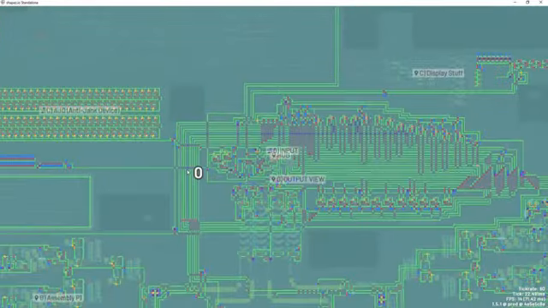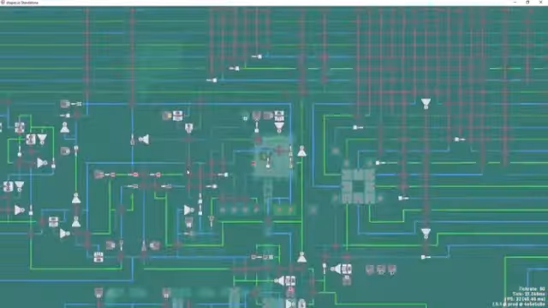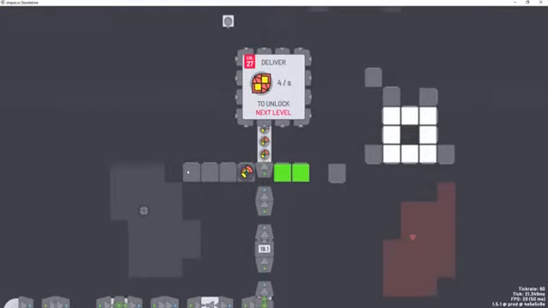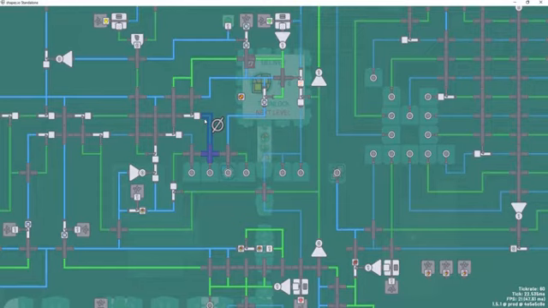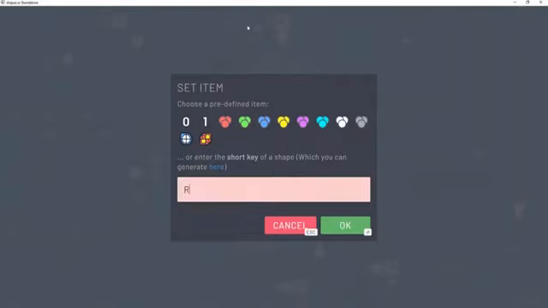So, we are going to zoom out, and what I'm actually going to do is create a manual shape, and I'm going to take a very easy shape.